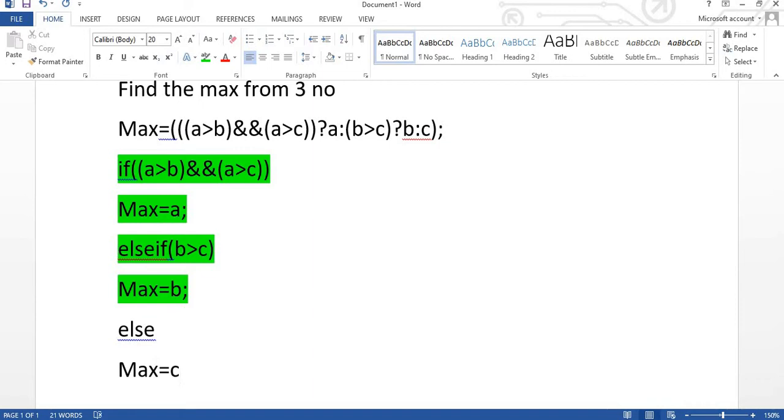So this way we will do the entire program. Now if this condition is true, then max value is a, otherwise this one, max value is b, else max value is c. So this is easy, but when you have a long calculation, that time you are facing the problem. It's too difficult to do the calculation.